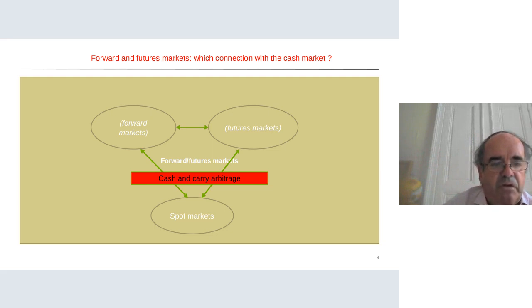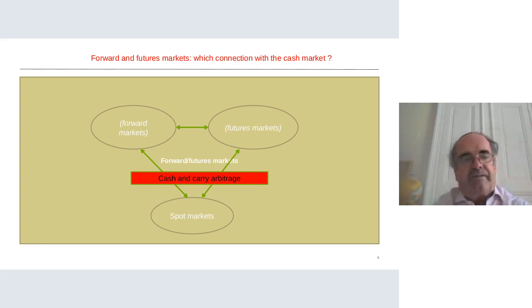So you can also buy the butter spot and store it and save it.